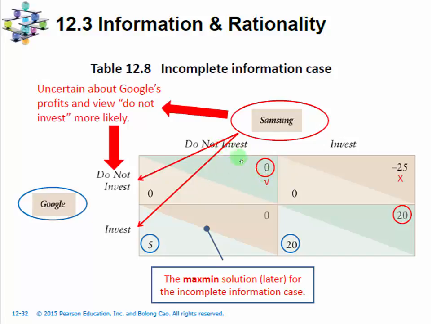Then the Maxmin player compares the minimum payoffs between the two strategies. It will try to play the strategy that brings the highest, the max minimum payoff. In this example, it's between 0 and minus 25. Obviously, 0 is the maximum minimum payoff, between do not invest and invest.